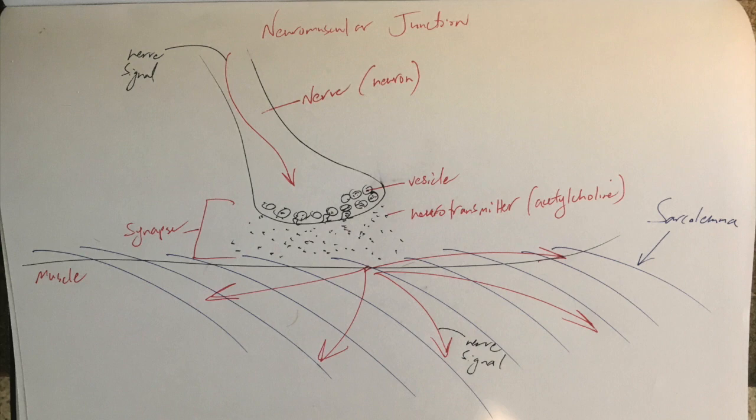Surrounding the whole muscle fiber is this big sheath of nervous tissue. All right. That sheath of nervous tissue is called the sarcolemma.